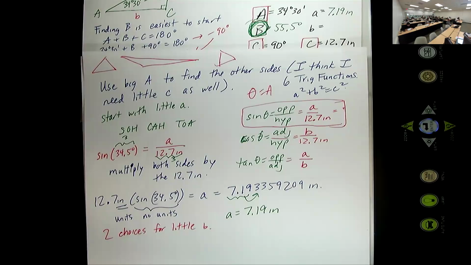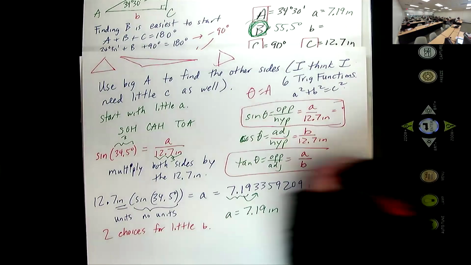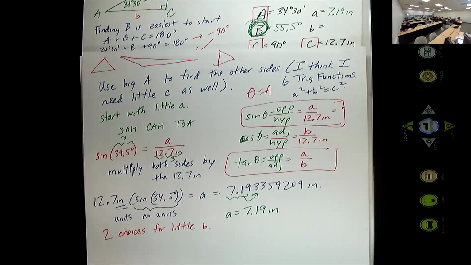Tangent's a good choice. Well, no, but tangent, I guess we have 3 choices, because that one's in there too. It is not the Pythagorean theorem and is not tangent. Why do I not like those options?